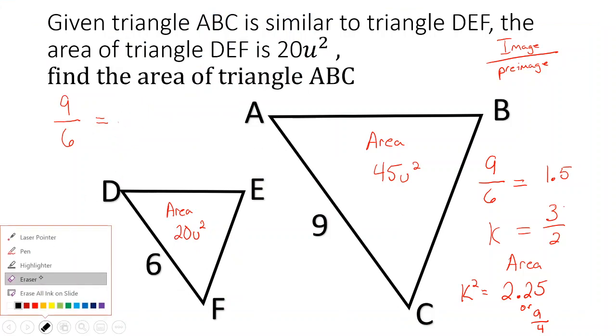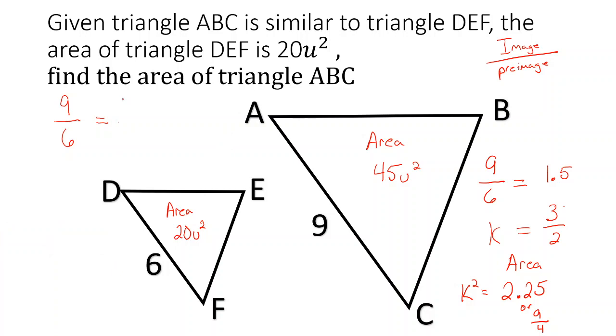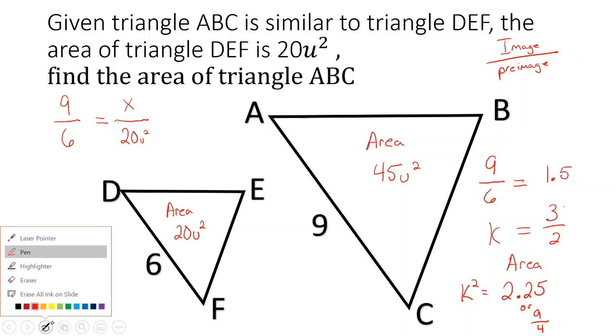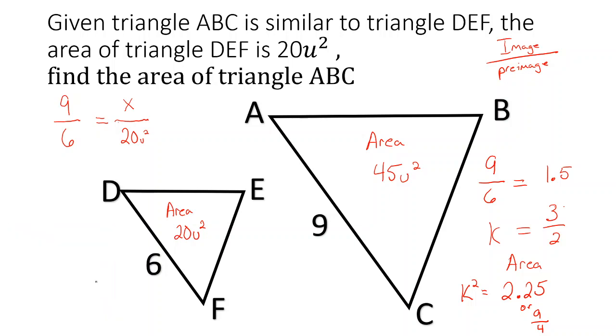It should be image over pre-image. So x over 20. But now remember, that's units squared, so I'm going to let that be the thing that reminds me that this has to be squared and this has to be squared in order for that to work. So when I square those, I get 81 over 36 is equal to x over 20.